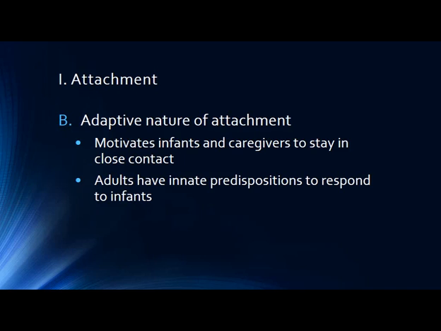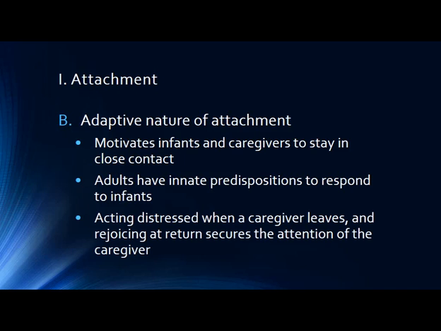It is a basic built-in biological drive for us to respond to infants. This is why a crying infant on an airplane is so aversive, because we are biologically driven to try to fix that particular problem. A crying infant is one of those things that we can't ignore. We find it very aversive because we're supposed to try to fix whatever is the problem with the infant. Of course, when it's not our infant, there's nothing we can do about it.